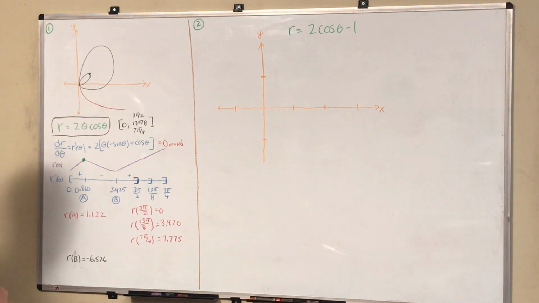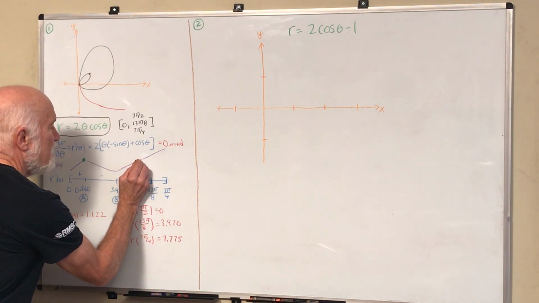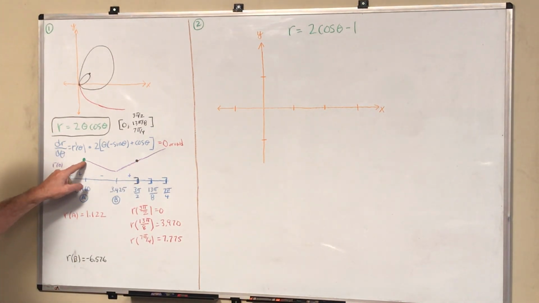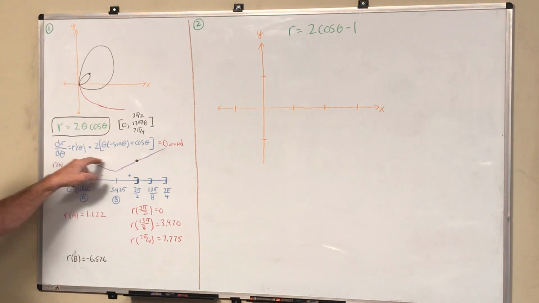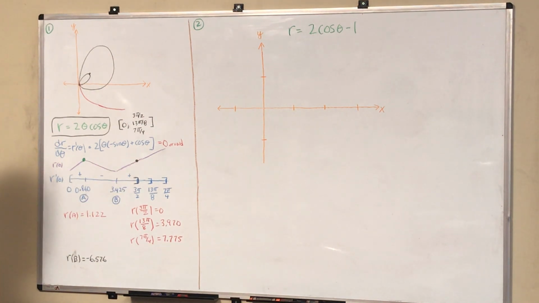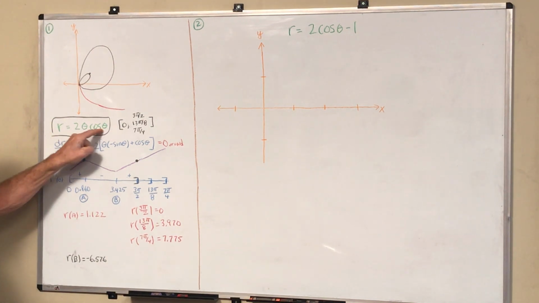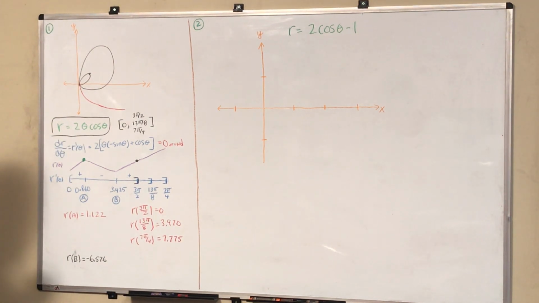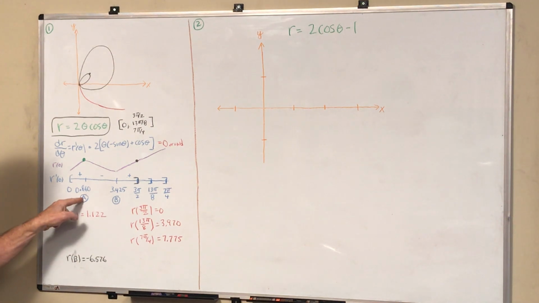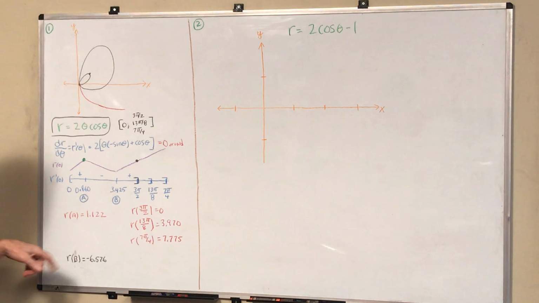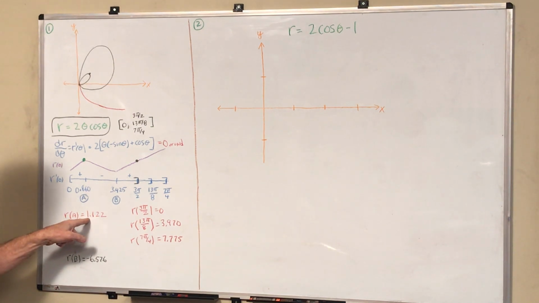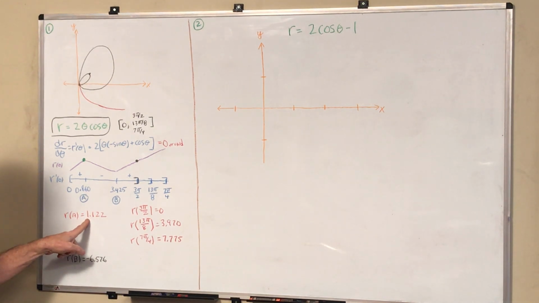So the maximum is either going to be at this local maximum or at an endpoint. So if you plug this point A at 0.86 radians into the original function, the radius turned out to be a little bit bigger than 1.